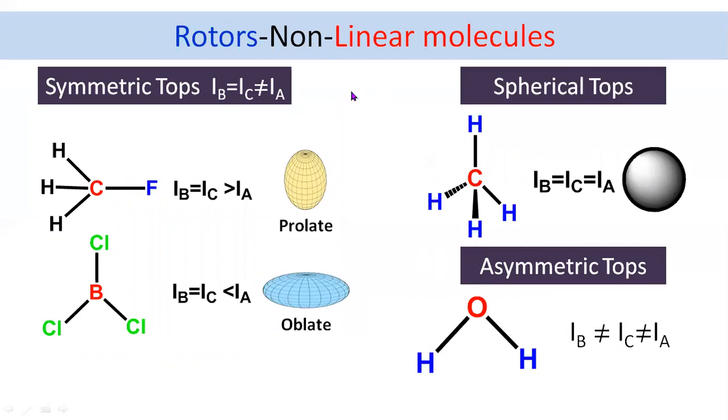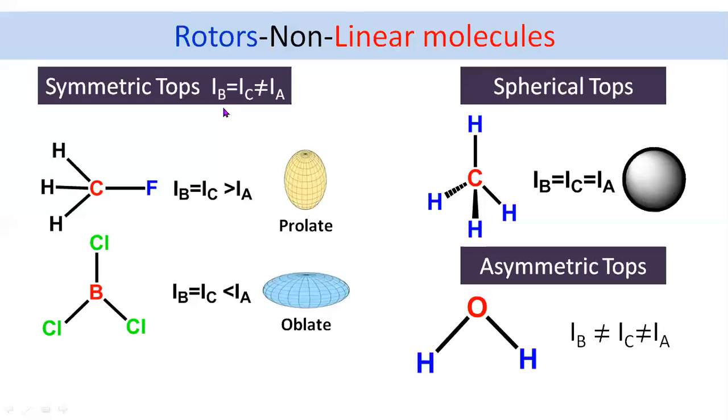Let's see other types of molecules. As I discussed already about the linear molecule, let us now discuss non-linear molecules. In non-linear molecules, I have three different types. Usually we call them symmetric top, spherical top, and asymmetric top. Now, what is a symmetric top? In a symmetric top, you can have IB equal to IC, but not equal to IA.